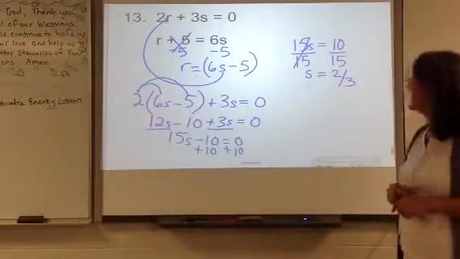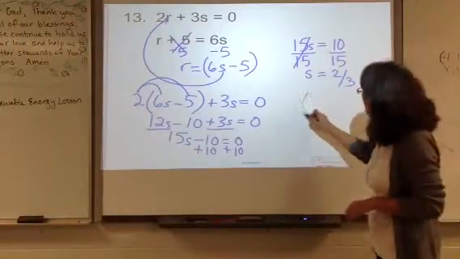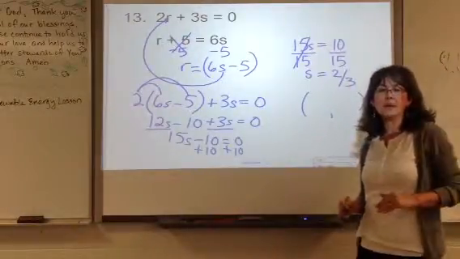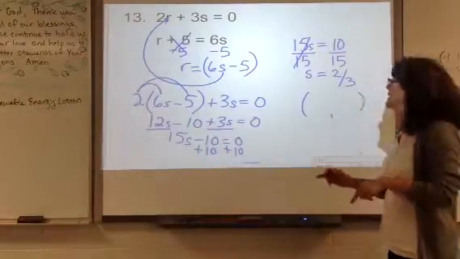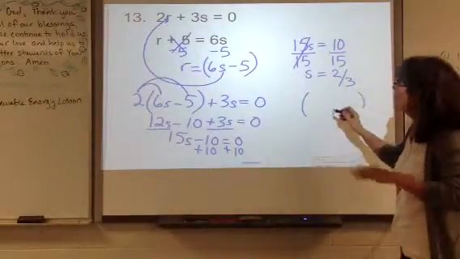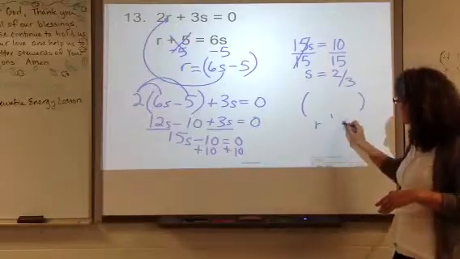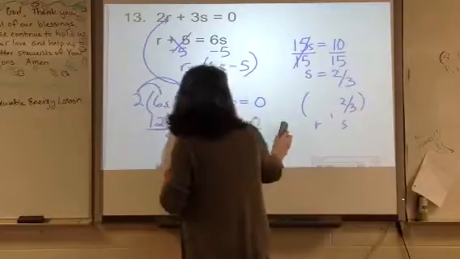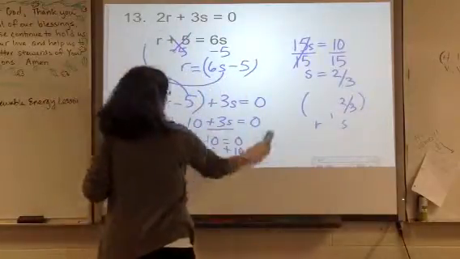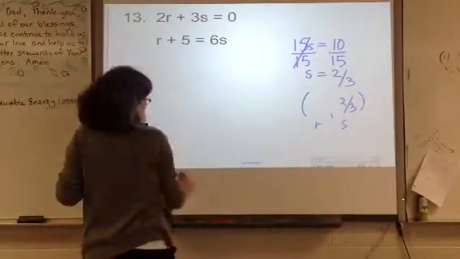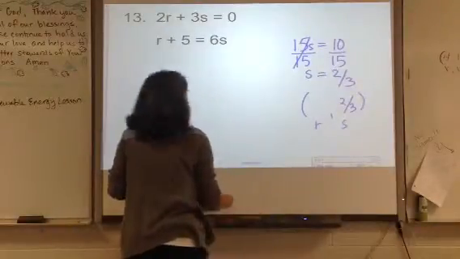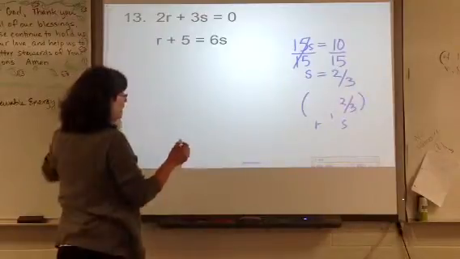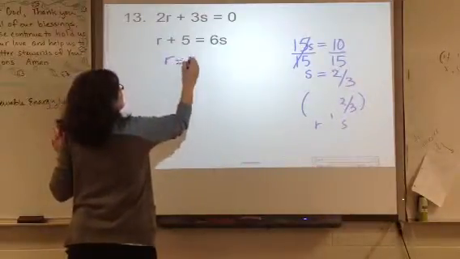2/3. Okay, that's s. Now, when I'm putting it in my little coordinate set there, I need to put it in the right place. I've got an r and an s. So in alphabetical order, this would be r and this would be s. And s is 2/3. I can put 2/3 in anywhere I want. Oh, I could have put it in when I had r equals 6s minus 5.